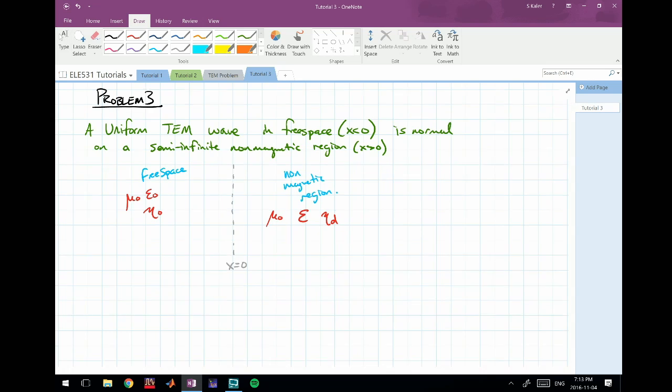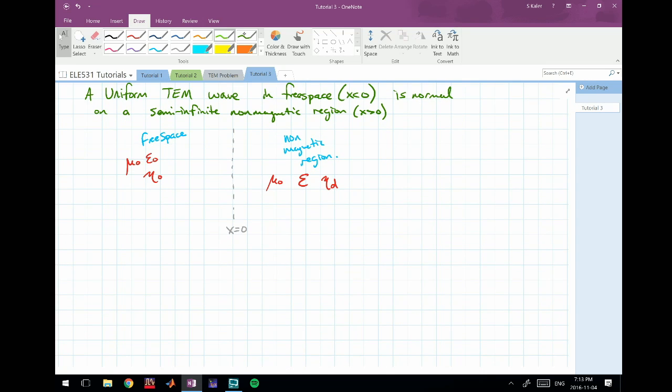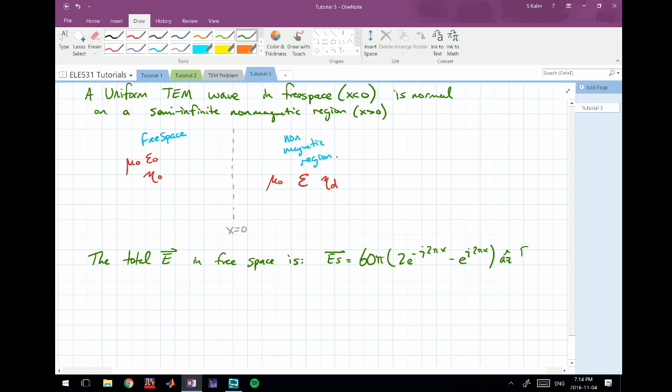So it gives us the total E in free space: Es equals 60 pi (2e^(-j2πx) minus e^(j2πx)) in the az direction, volts per meter.